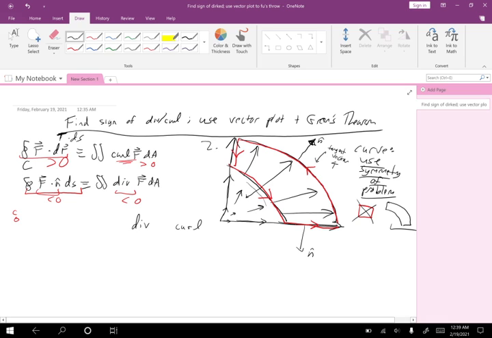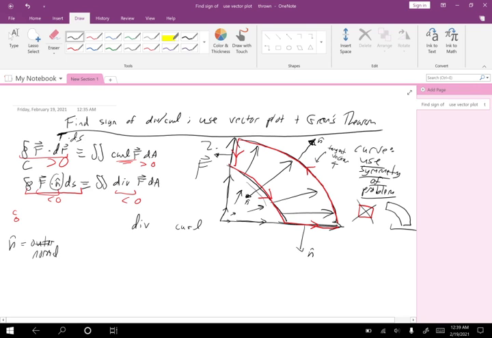Remember, n is the outer normal. And finally, this is n over here too. I'm drawing n because remember we have an n in Green's theorem. So we have now enough information to see. Oh, and these vector fields are for some F, right? So now we have enough information to see what the sign of this line integral is.